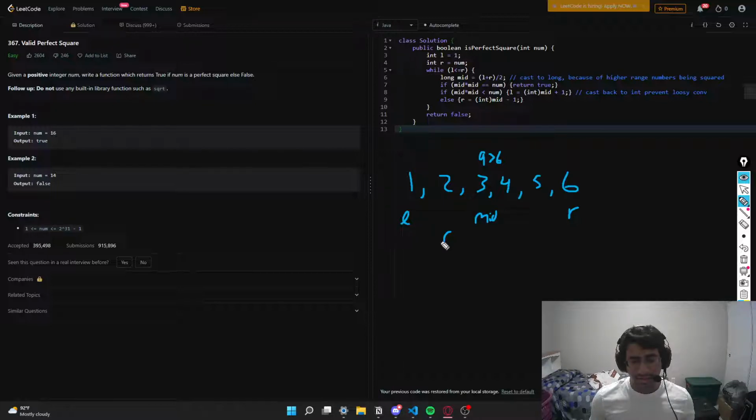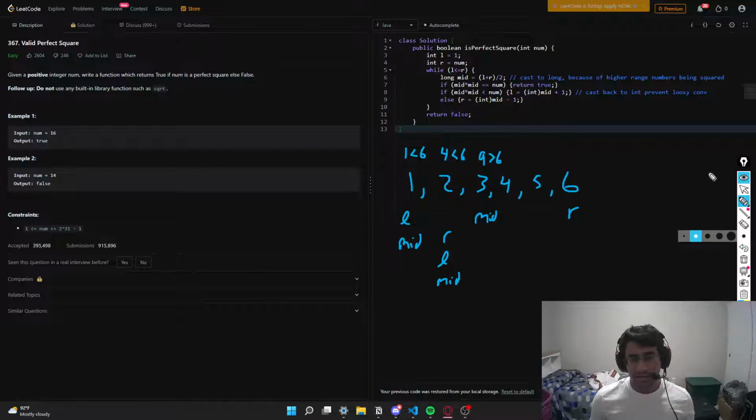And then in between left and right, the midpoint will be value 1. We know 1 squared is 1, which is less than 6. So now we say left equals the right, which is also mid. 2 squared is 4. 4 is less than 6. But then we cannot increment left anymore because we want left to be less than or equal to the right.